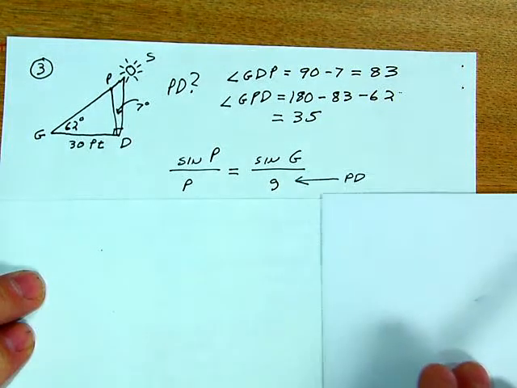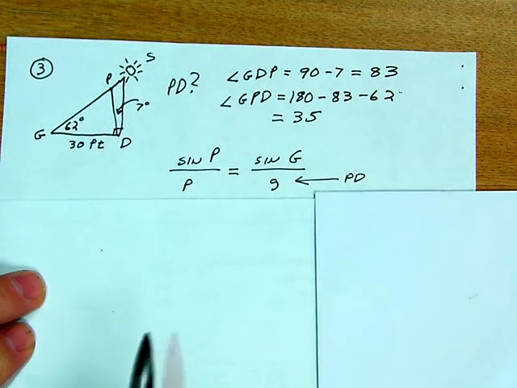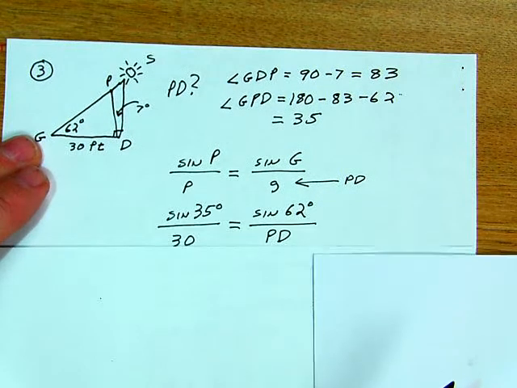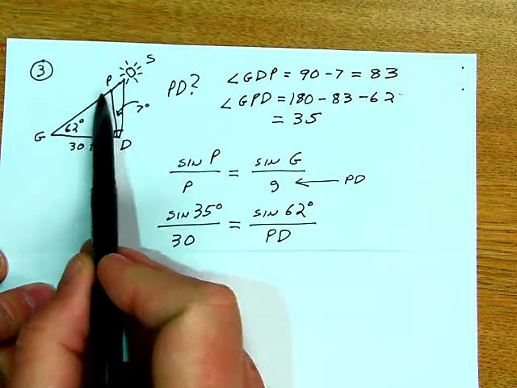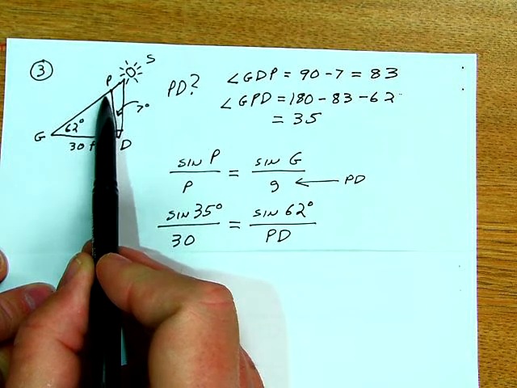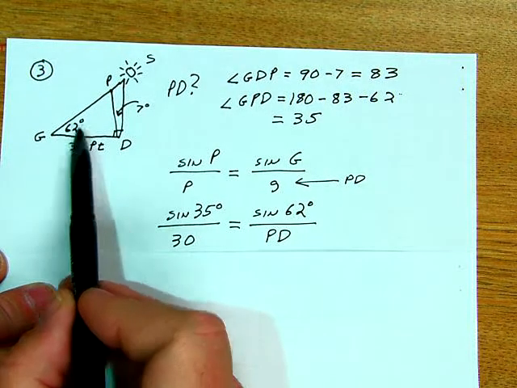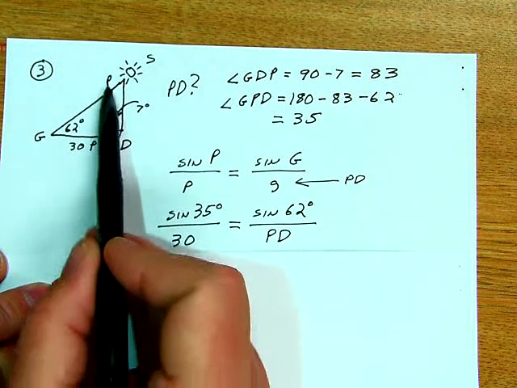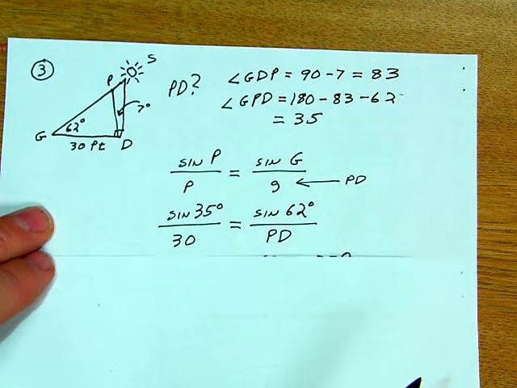But I'm going to replace small g with PD, which is the line segment that represents how tall the pole is. So when I substitute all that in, I get the sine of 35, which is our angle up here, P, all over P, which is 30, is equal to the sine of 62, G, over PD, which is the length of our pole, what we're looking for.